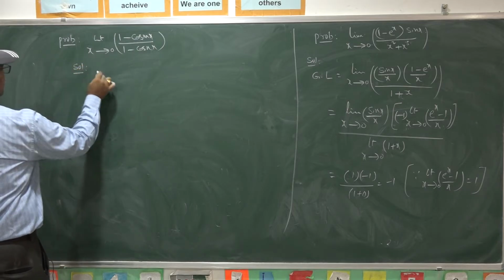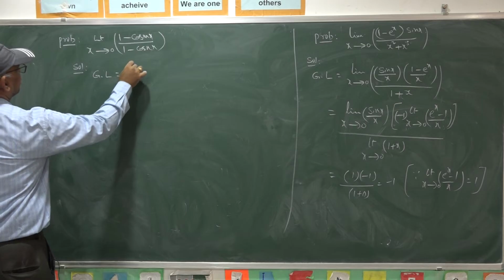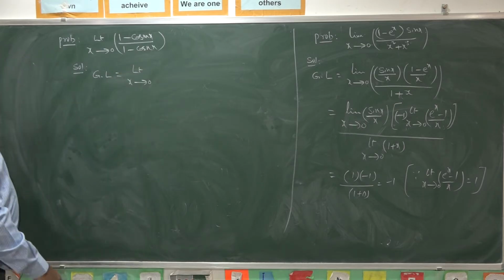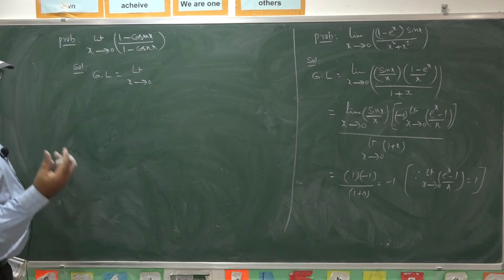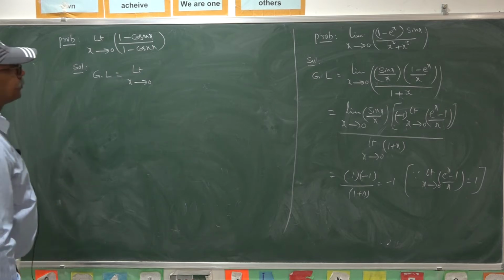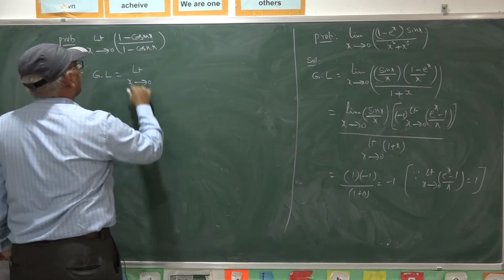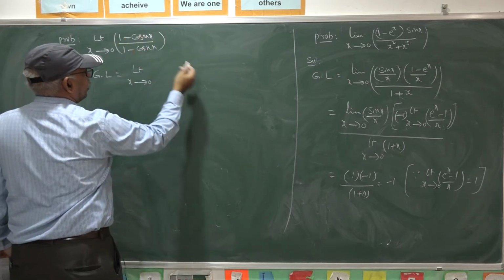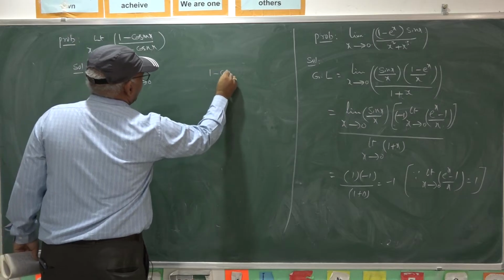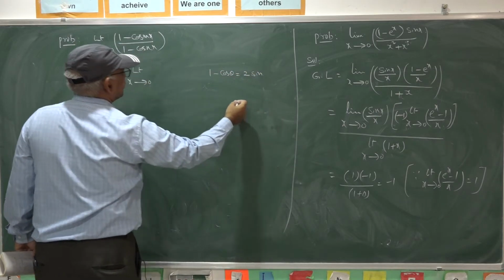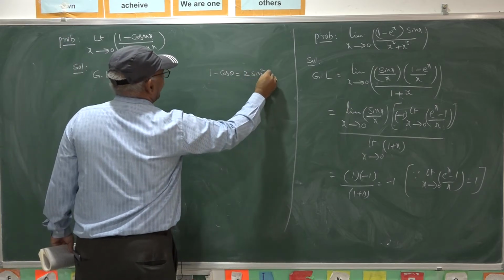So to evaluate this limit, let us assume mx as theta, this one as theta and this one as some phi. 1 minus cos theta in half angle may be written as 2 sin square theta by 2.